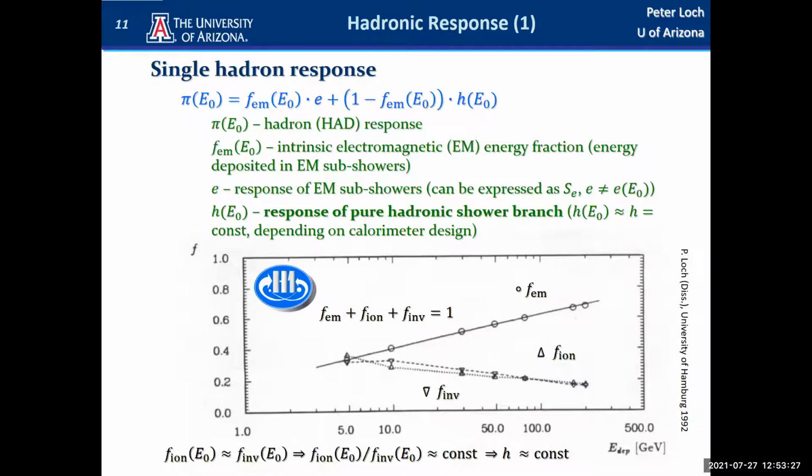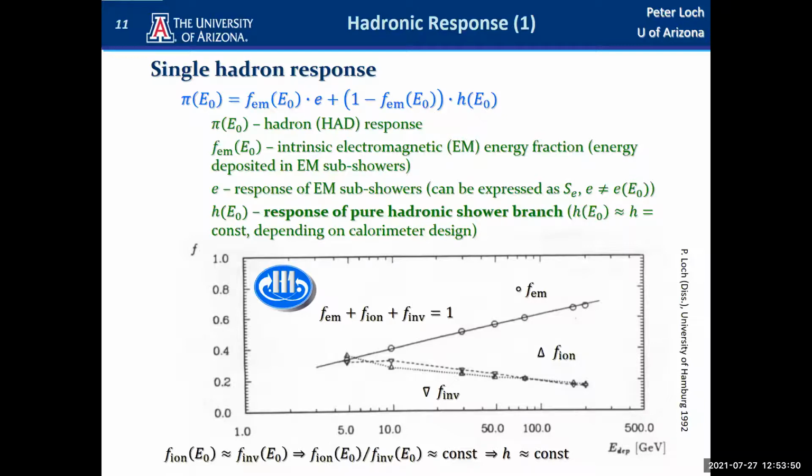So this is a study I did a long time ago, and it shows with the Geant version that is probably so historic I don't even remember the number, what the different fractions of energy are, where they're invested, as a function of the deposited energy.